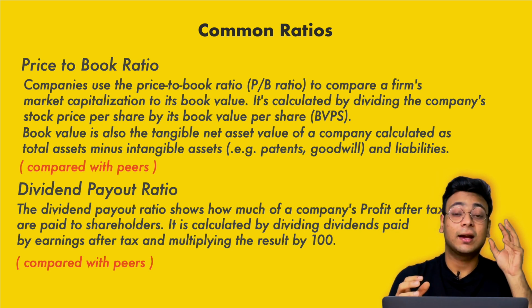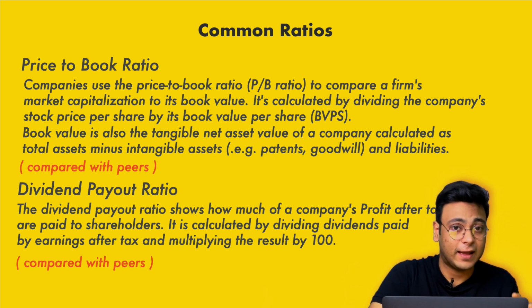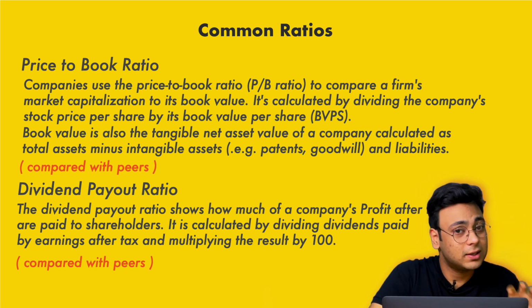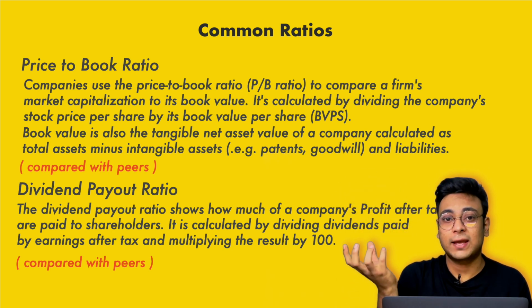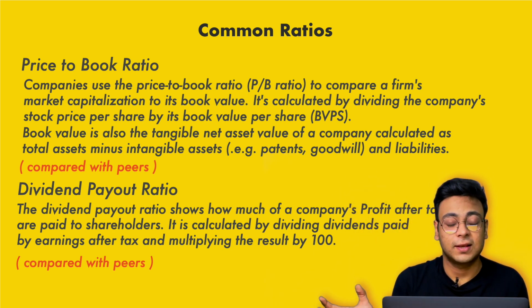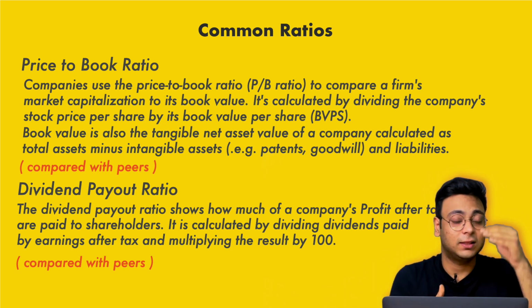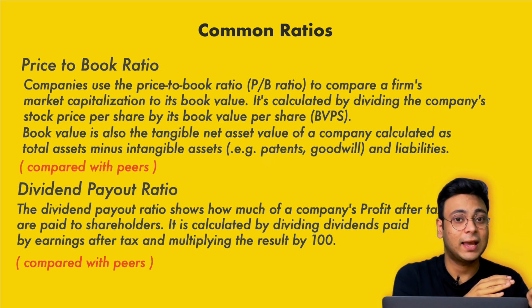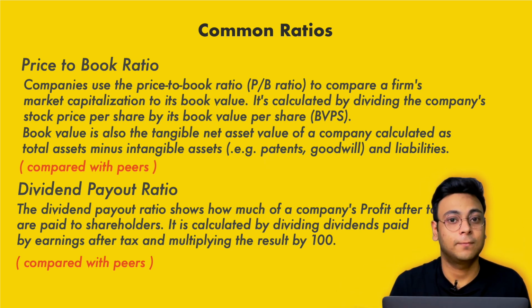So the meaning of this ratio is a bit complicated, but the entire concept about this ratio is that a company has a basic book value. What is the company's value based on its book, the assets and liabilities? This value compared to the market value, what the market share price is trading at, are two different things. So this ratio tells us the difference between the market value of a company, which has a premium in it with the help of the PE ratio, which we saw, and book value, which doesn't have any premium.